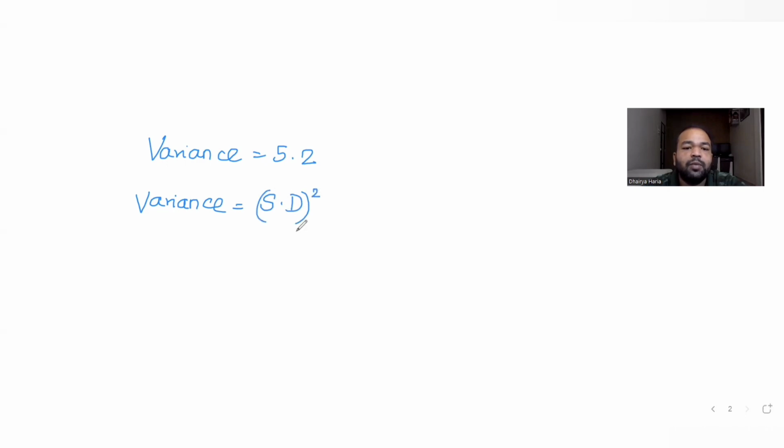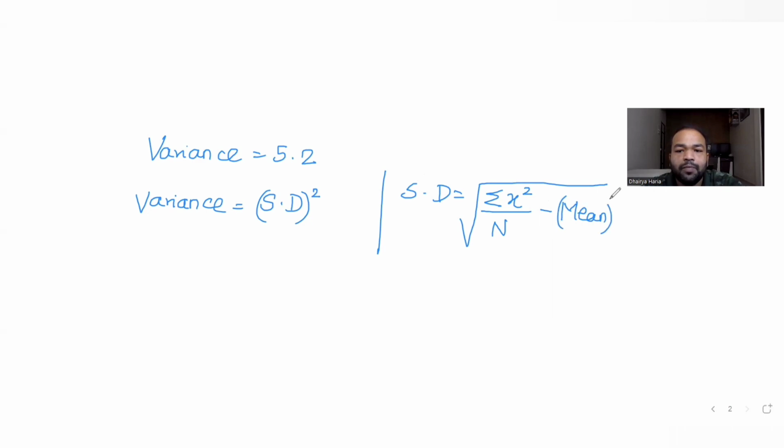Variance is nothing but the square of the standard deviation, and standard deviation is the square root of the sum of squares of the observations divided by the number of observations, minus the mean of those observations squared.